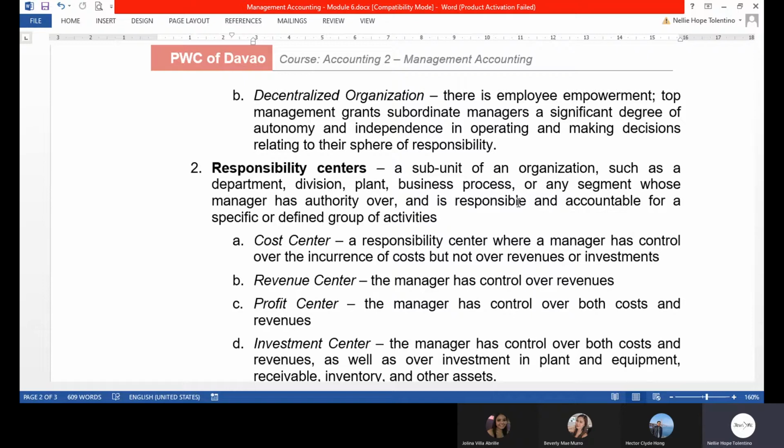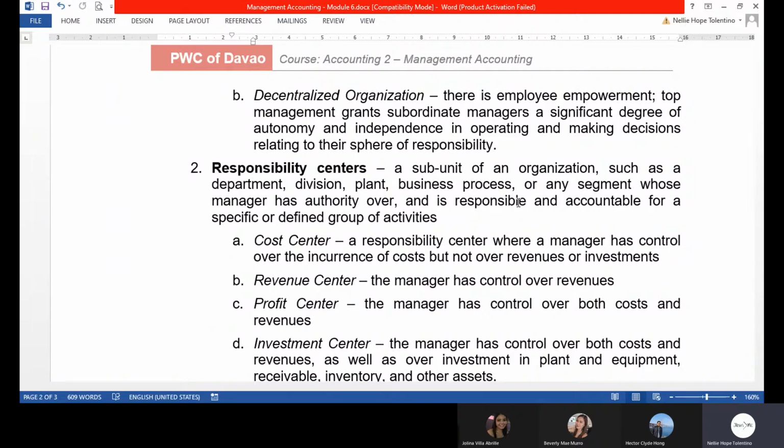Now, sa profit center, the manager has control over both cost and revenues. So, ang example nito is a branch of a company, the Davao branch of a very big corporation. So, sa Davao branch, yung manager, the branch manager has control over both cost and revenues.